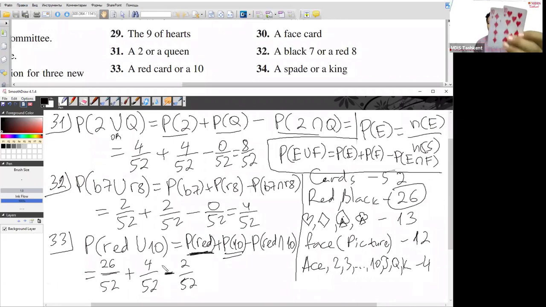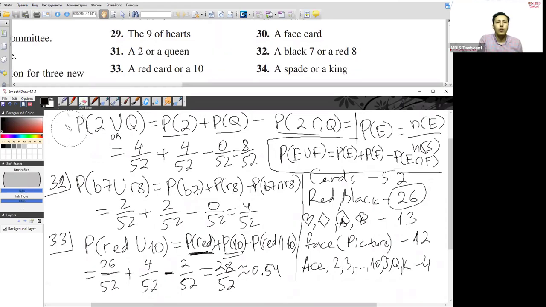That means we are counting these 2 twice. Therefore you have to subtract one of them, so you put minus 2 over 52. So it is 28 over 52. And you use a calculator to find the approximate value. So 28 divided by 52 is 0.54.